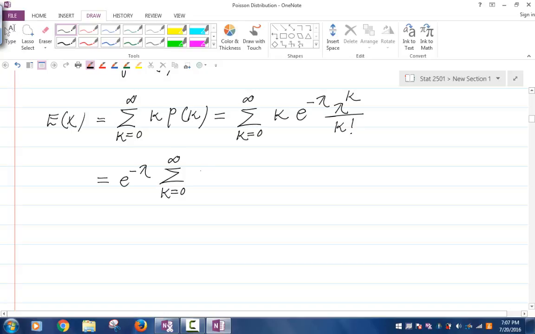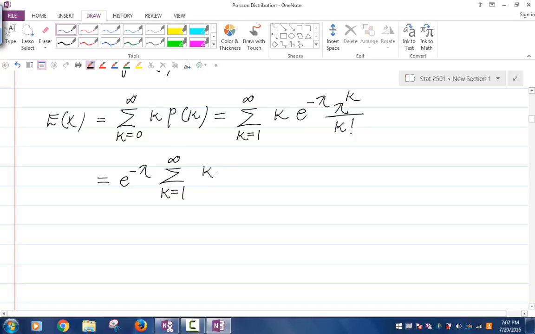Wait a minute, one thing I forgot to do here is, if you look at the sum, the summand corresponding to k equals 0 is in fact 0. So instead of starting the index at 0, I can start it at 1, and I'm going to do the same thing here.